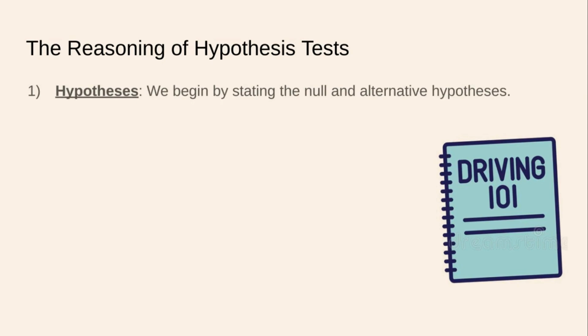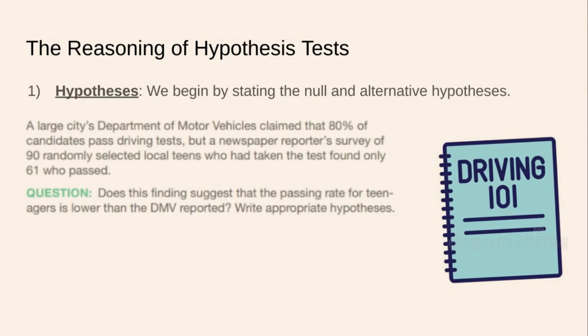We start, of course, with the hypotheses themselves, which we've been discussing quite a bit in the first 2 lessons. We begin by stating the null and alternative hypotheses. Let's consider this scenario from our textbook.